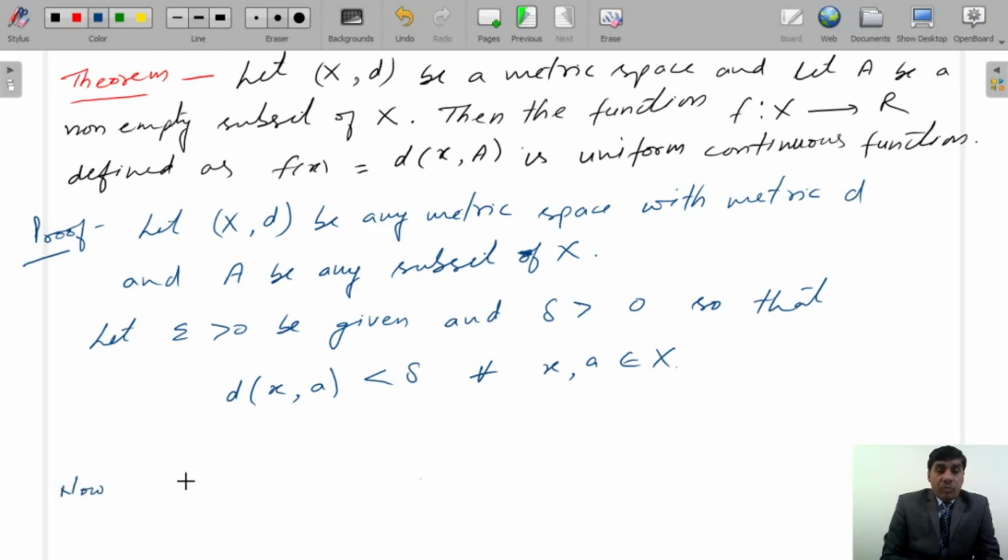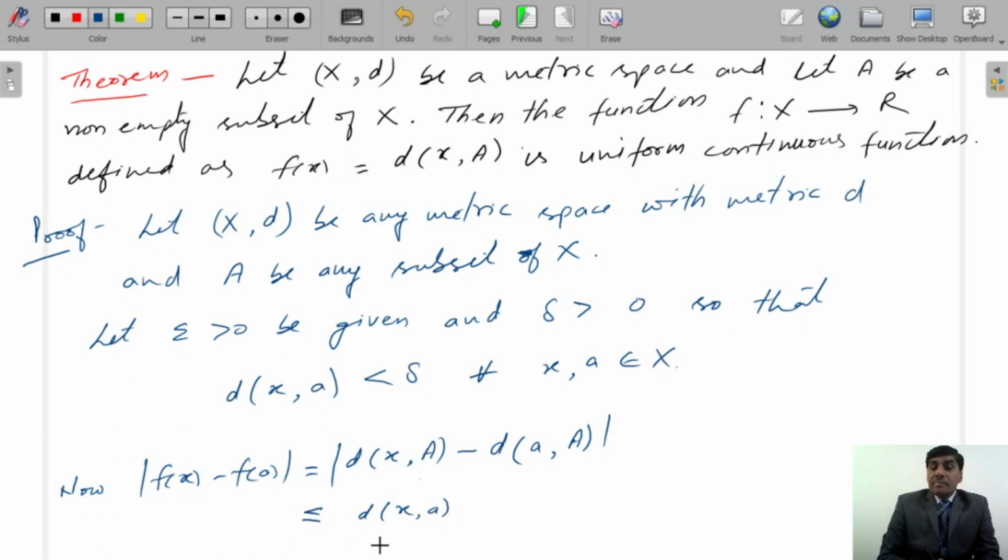Now modulus of f(x) minus f(a) is equal to modulus of distance between x and capital A minus distance between small a and capital A, which is less than or equal to distance between x and a, which is less than delta, is equal to epsilon.